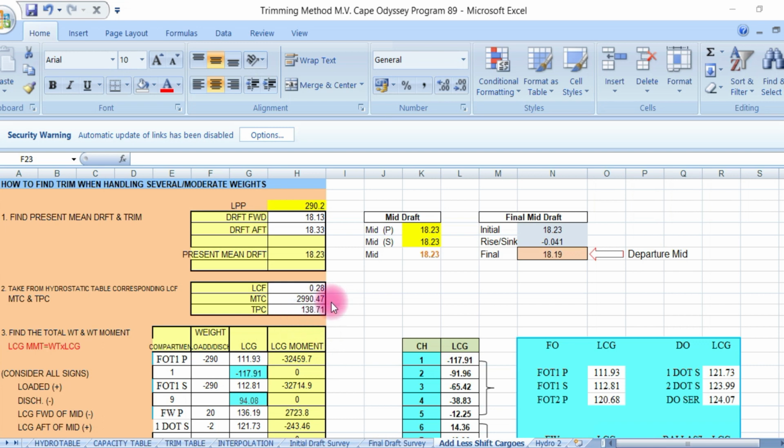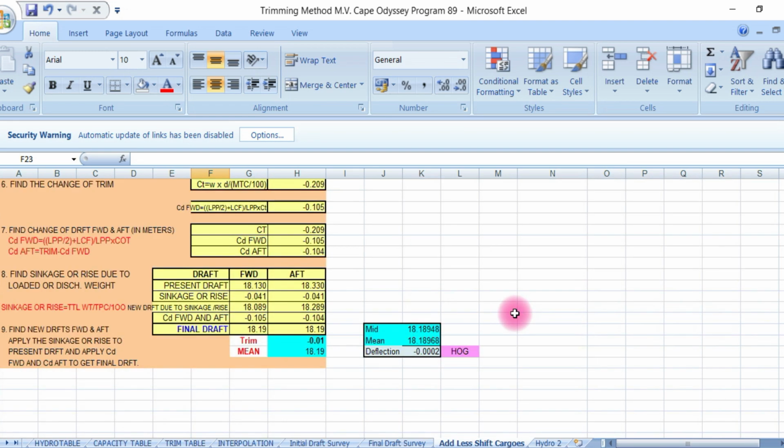You have a TPC from the present draft of 18.23, which is 138.71, and you have a rise of 0.041, meaning you have a rise because you are consuming fuel oil, so your vessel will rise.